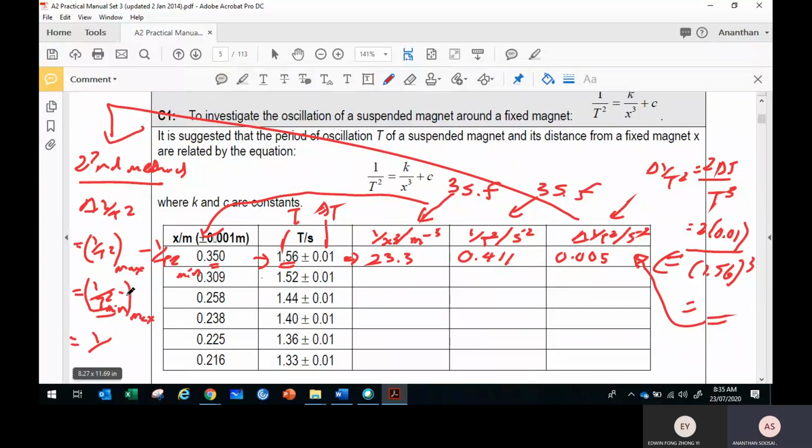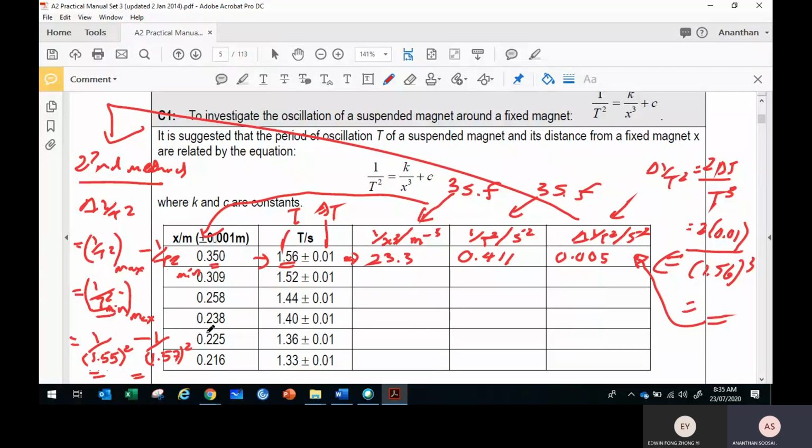So here for t we put the minimum, 1.55 squared. This leads to 1 over t squared maximum. Minus 1 over t squared minimum, so here t you must put the maximum value, 1.57 squared.